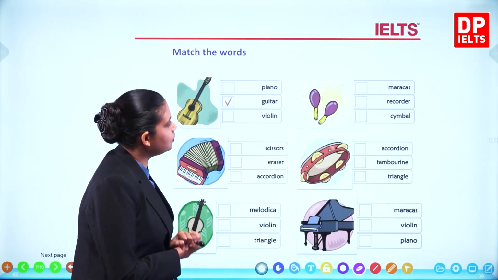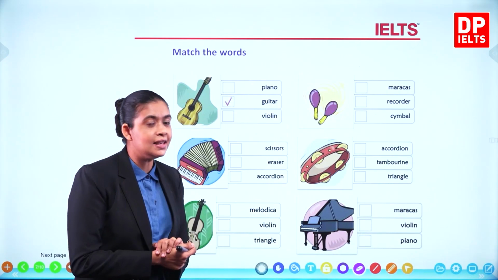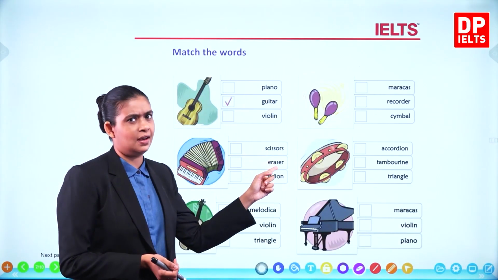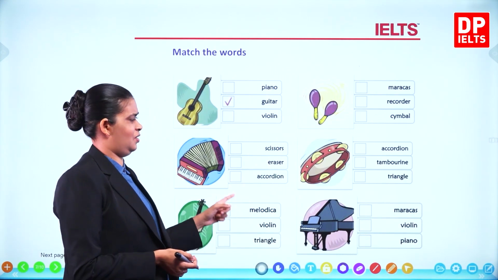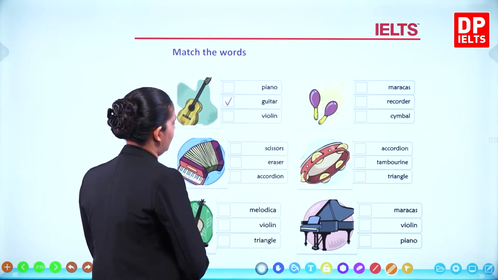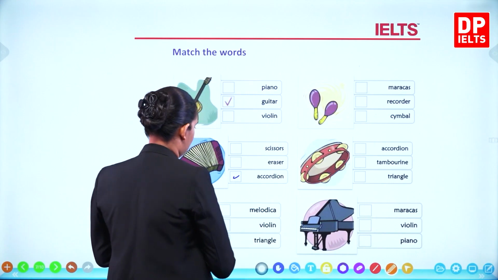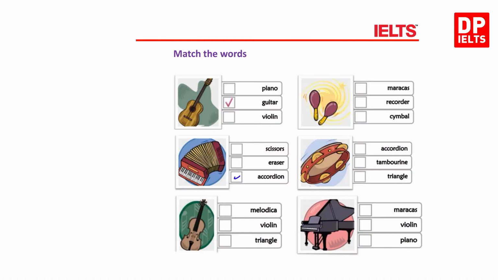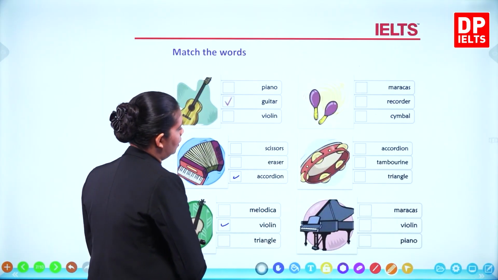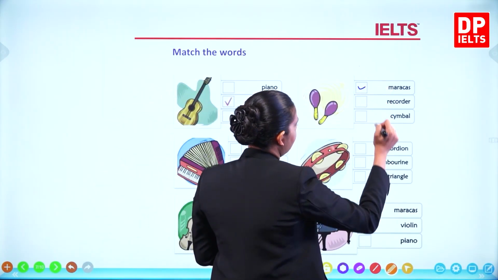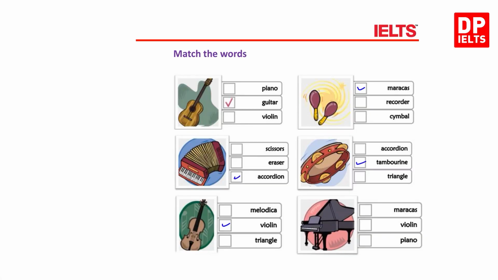Match the words. You did this with me. What is this? Is this a pair of scissors? Eraser, no. Is it accordion? Yes, it is. This one here is a violin. This one here is maracas. Next one is tambourine.